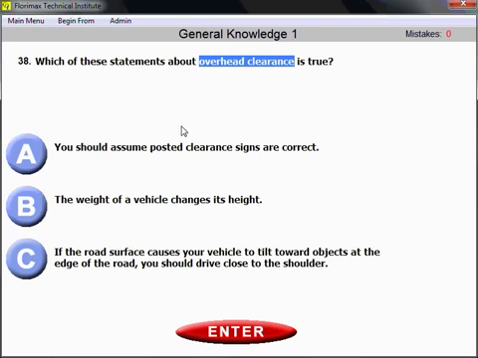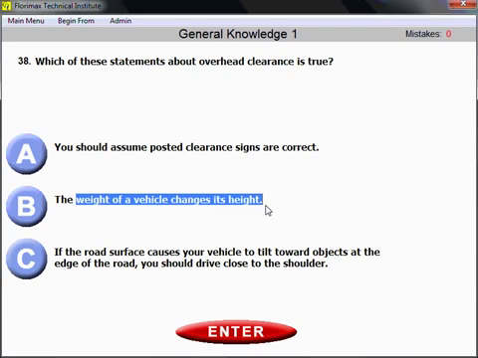And please remember that the weight of a vehicle changes its height. Obviously, if you load your vehicle heavily, it will be lower than if it's empty, without cargo, without load. Please remember, the weight of a vehicle definitely changes its height.